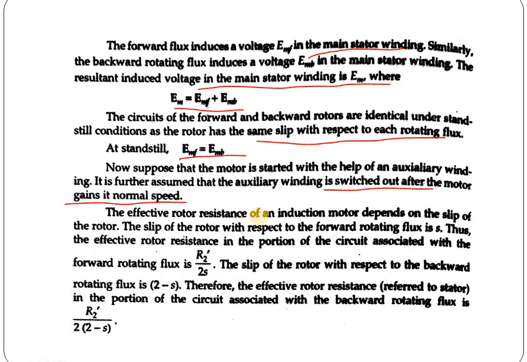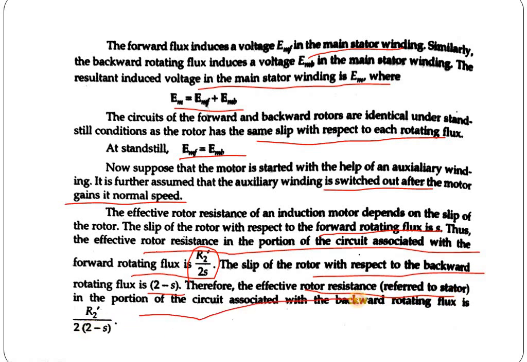The slip of the rotor with respect to the forward rotating flux is S. Thus, the effective rotor resistance in the portion of the circuit associated with forward rotating flux becomes R2 dash by 2S, because the forward rotating flux slip is S. Now, the slip of the rotor with respect to the backward rotating flux is 2 minus S. We know that the slip generated due to the backward field is 2 minus S. Therefore, the effective rotor resistance referred to stator in the portion of the circuit associated with backward flux becomes R2 dash by 2 into 2 minus S.